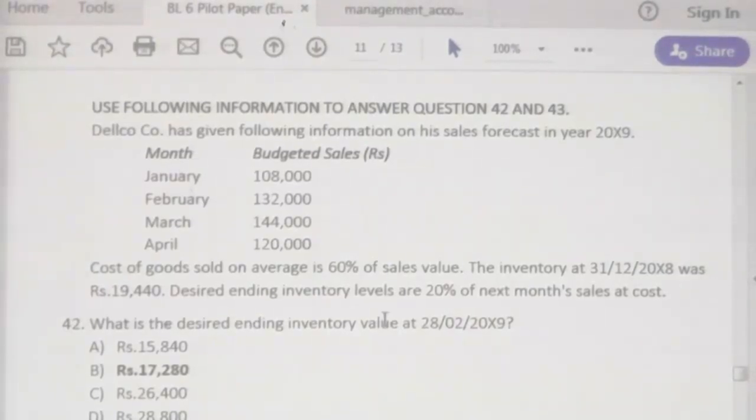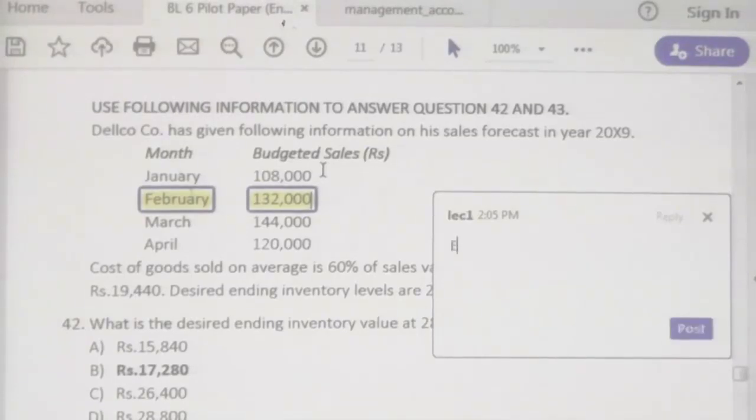Closing inventory of the month of February, 28/2/2019. They are asking for February end inventory, right? Each month end inventory will be 20% of the next month's sales. The next month's sales, that is March sales, is 144,000.